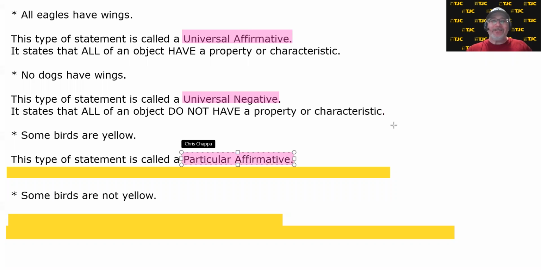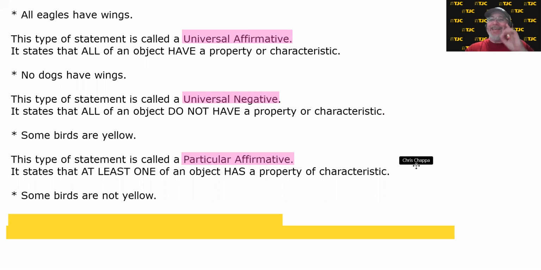So in this context, particular is kind of the opposite of universal. It states that at least one of an object has a property or characteristic. So it's kind of like an existential quantifier. It states the existence of an object as opposed to saying every object has a characteristic.